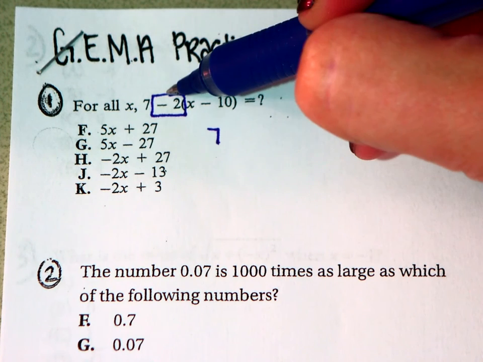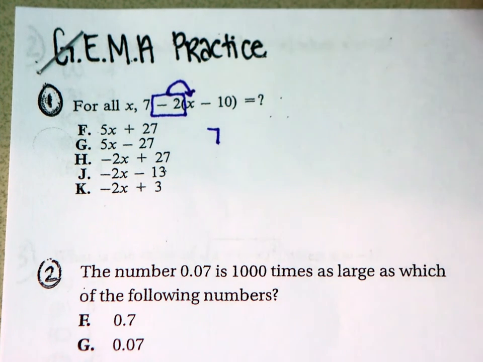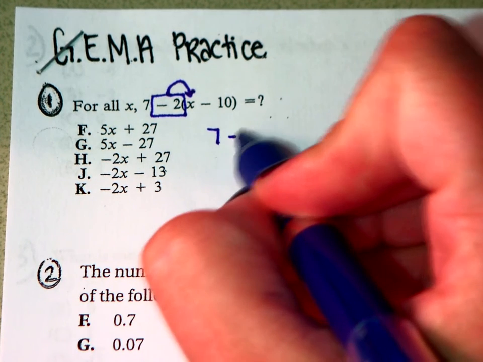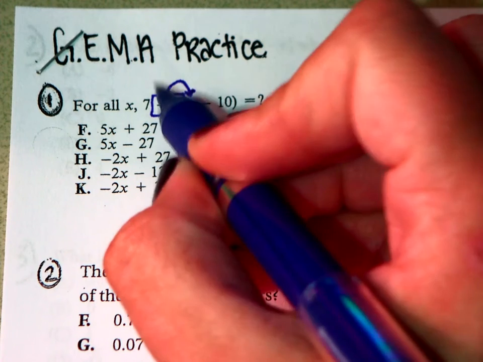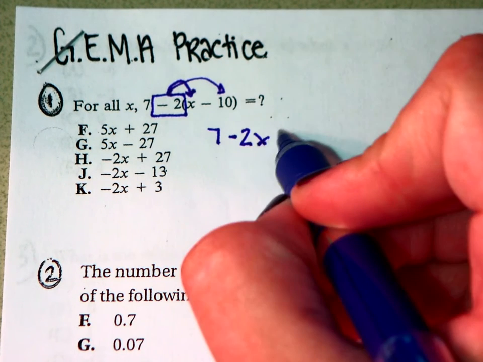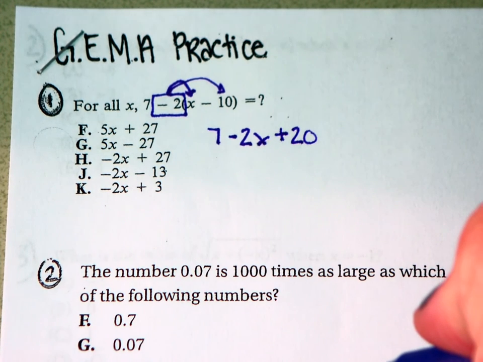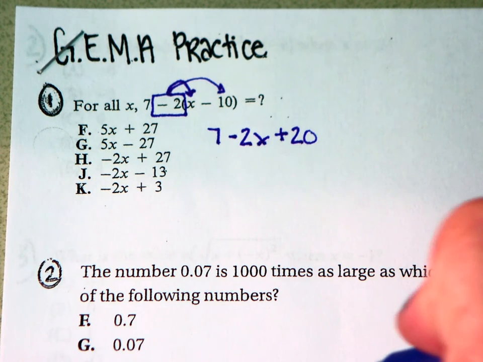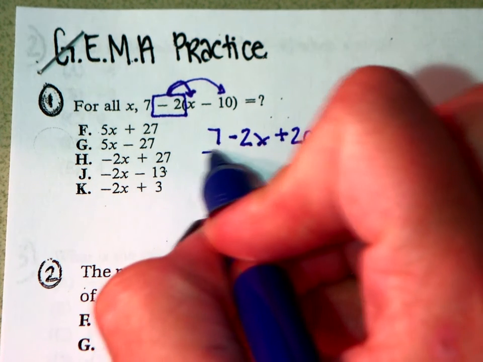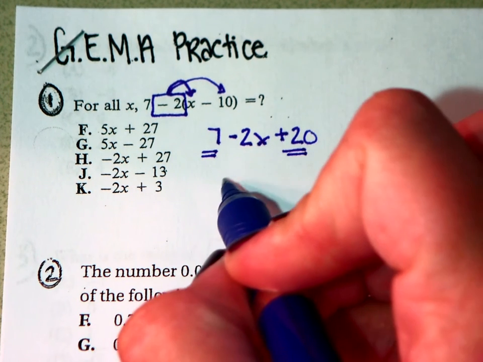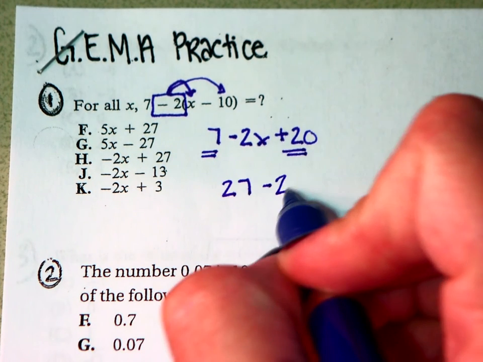So from here, I'm going to distribute. -2 times x is -2x. Then I have -2 times -10 for a positive 20. Then what's next is to combine your like terms. So I have a 7 and a 20 for 27 minus 2x.